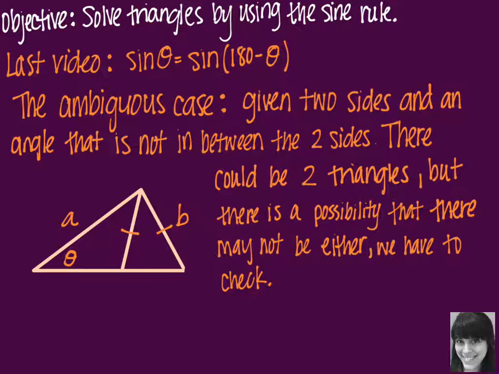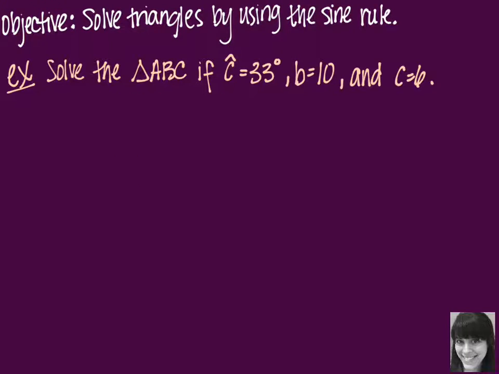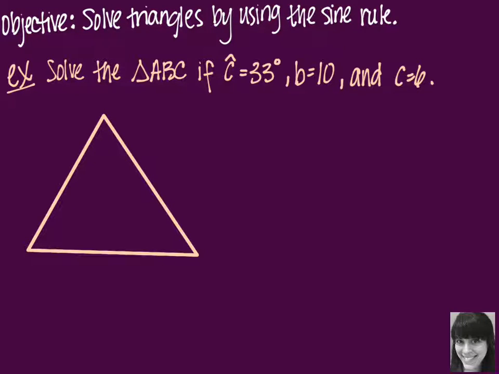Okay, so solve the triangle ABC if angle C equals 33, B equals 10, and C equals 6. So we're just going to make a triangle. I don't care what it looks like, as long as you have three lines that meet at vertices.